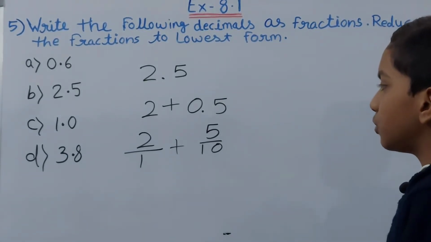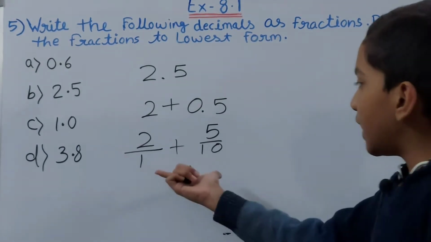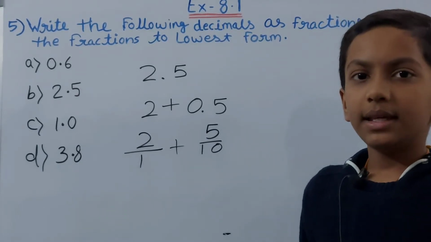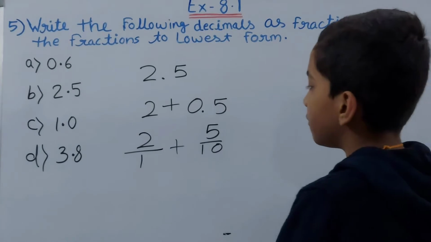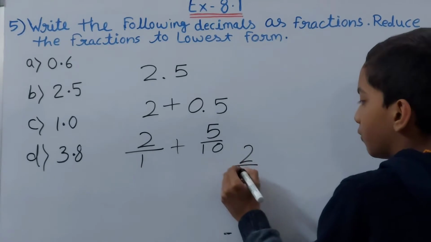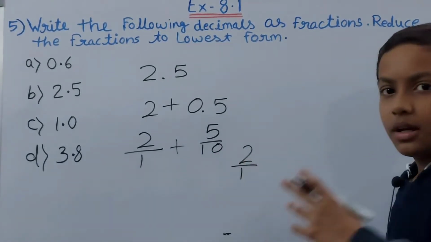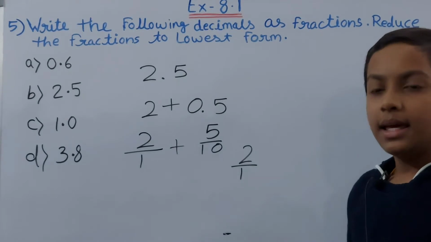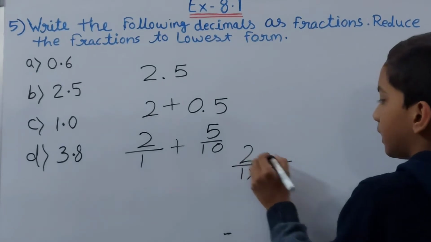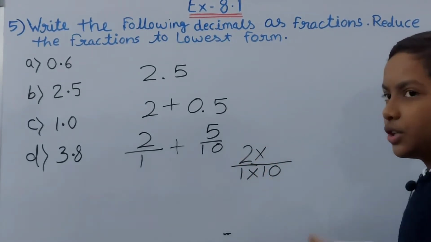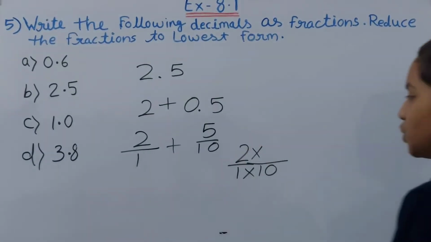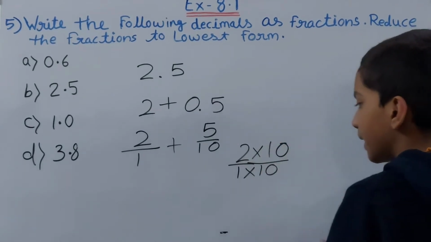Now we are going to add them, but here the denominators are not the same. So what will we do? We will make the denominators the same by multiplying. Here we have 2 upon 1 and 5 upon 10. What is the LCM of 1 and 10? Yes, it is 10. So 1 into 10, and if we change the denominator, we do the same with the numerator, so we multiply it by 10.